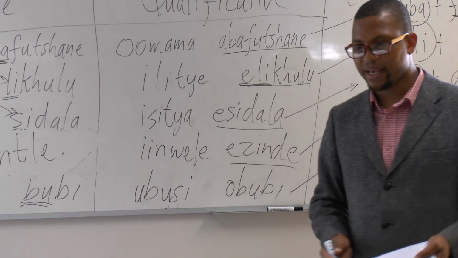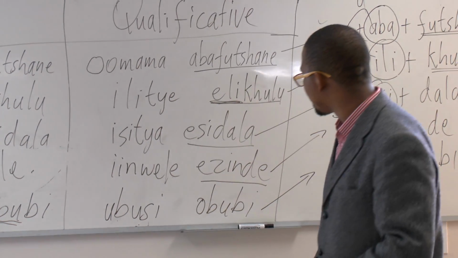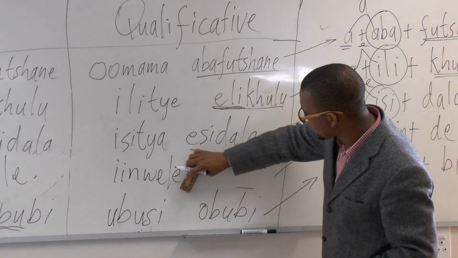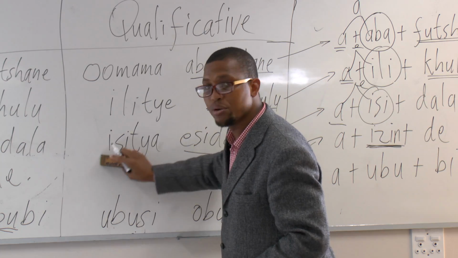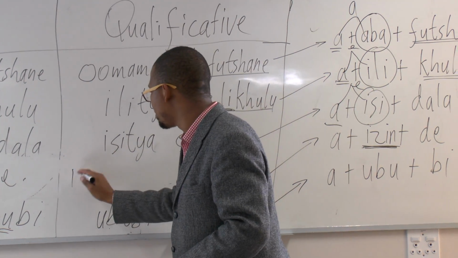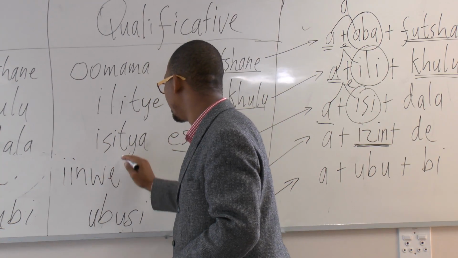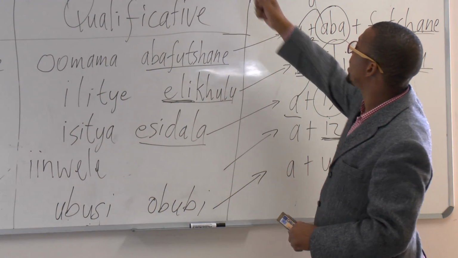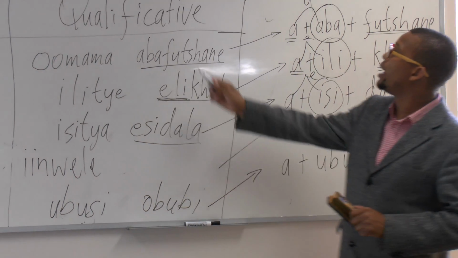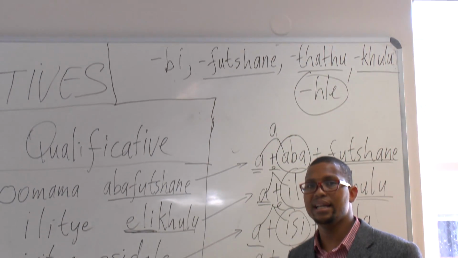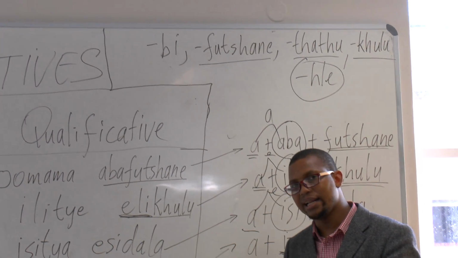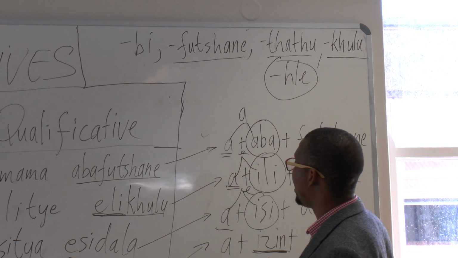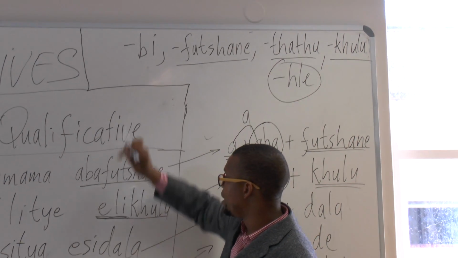We know that in the case of class 10, there are exceptions that take place based on the adjective that we use, which follows the prefix. Okay, let's do inwele again. Let's take B, ugly. Then we want to say ugly hair or bad hair. Then our adjective is B there.